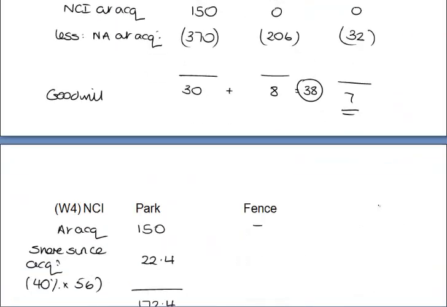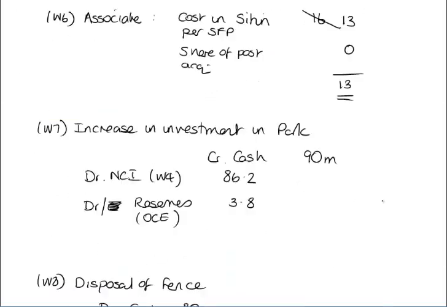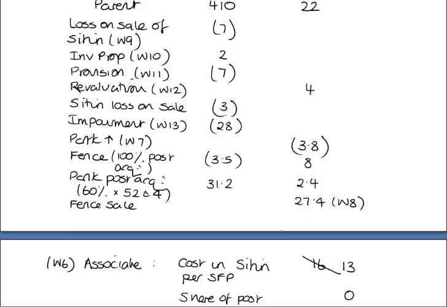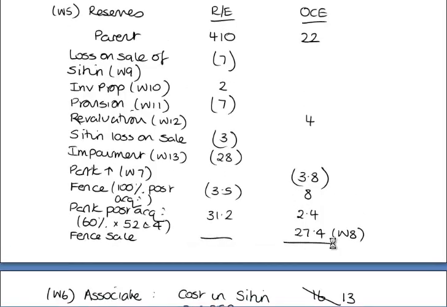And I think we are now in a position to work out group reserves. Now there is no way in the world that this is going to balance. Even I admit defeat on this question. So OCE is 60. $394.7 for retained earnings.